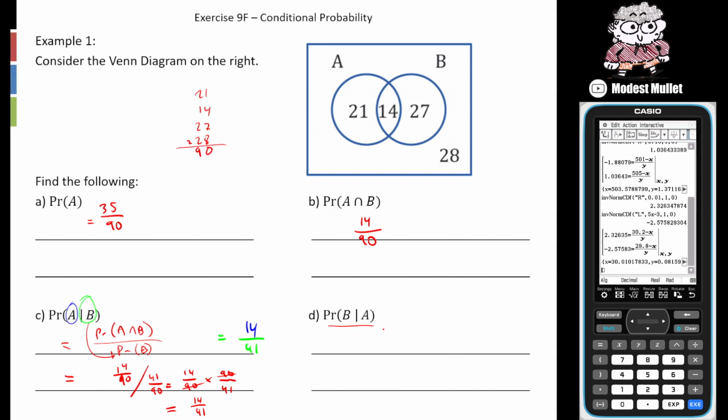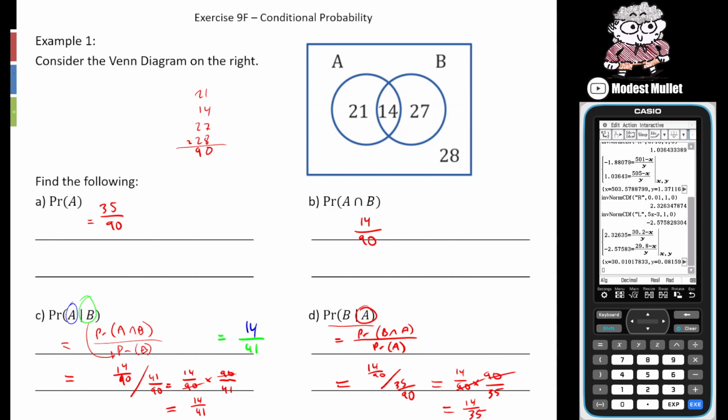Find the probability of B given A has occurred. So that's going to be equal to the probability of B intersect A divided by A, our second one. So that's probability of A. It's going to be 14 on 90 divided by probability of A, which is 35 on 90. So we get 14 on 90 times the second fraction flipped. So we're multiplying by the reciprocal, so we get 14 out of 35.